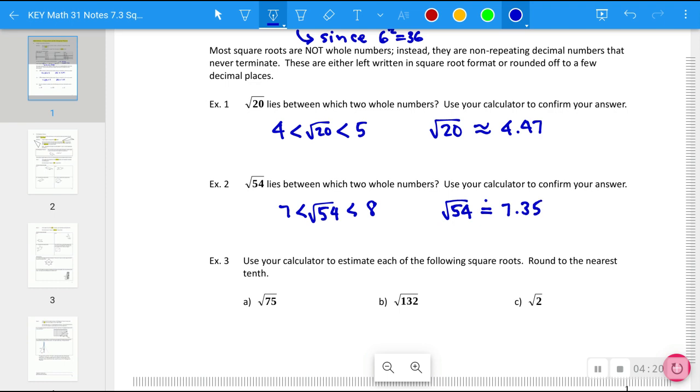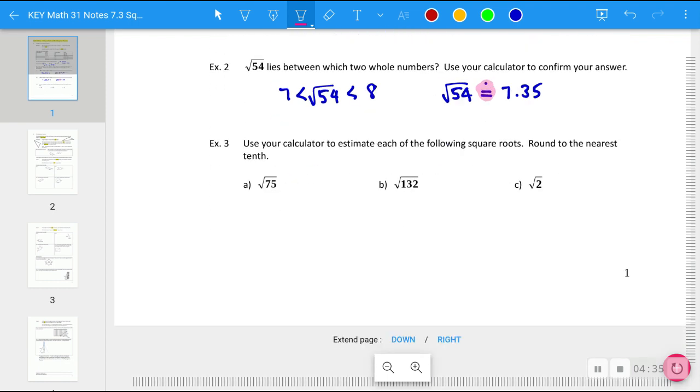Now, you may notice that I used the squiggly version and the other version of approximately equal to. One is an equal sign with a dot above it, and the other is an equal sign that's doing a hula dance. Okay, square root of 75, you're just supposed to estimate this on your calculator, so just type square root of 75, and you'll get approximately 8.7. We're supposed to round to the nearest tenth in this case.